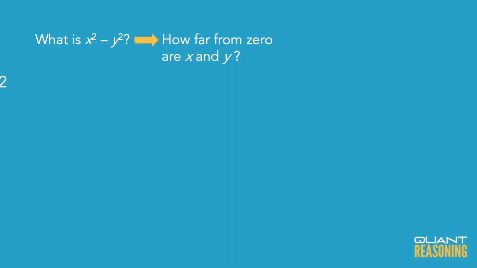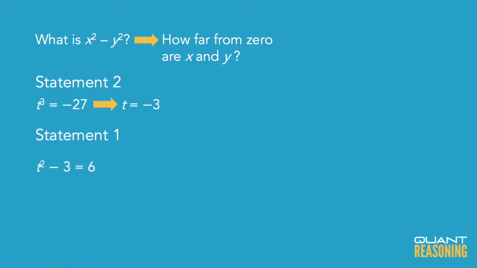If we know statement 2, for example, we can infer that t is -3, because you take the cube root of each side and you don't need to worry about absolute values because that exponent is odd. And with statement 1, if we add 3 to both sides, it's just saying that t squared is 9. Here we would need an absolute value, and we take the square root of both sides because that's an even exponent, and we find out that the absolute value of t is 3, meaning that t is 3 units away from 0, so it could either be +3 or -3.